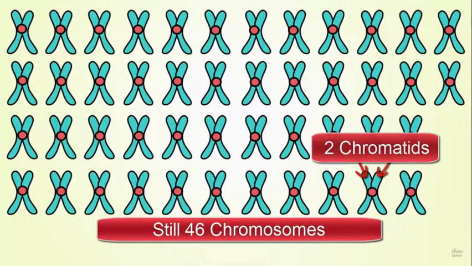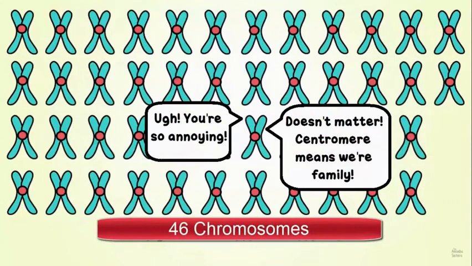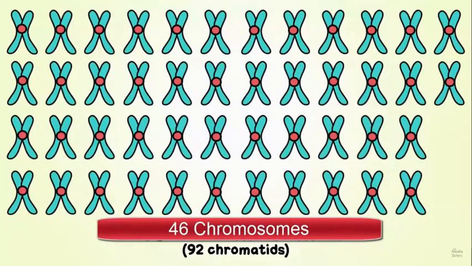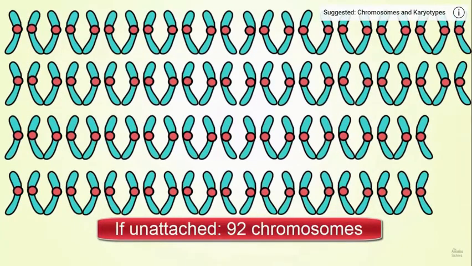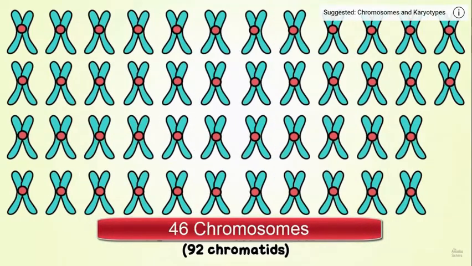We call them sister chromatids, and they're held together at 1 centromere. As long as those chromatids are still attached at the centromere, we still count 46 chromosomes, but they're duplicated. If they weren't attached like this, technically you could say there were 92 chromosomes. But right now in this picture, there are 46 chromosomes and 92 chromatids.